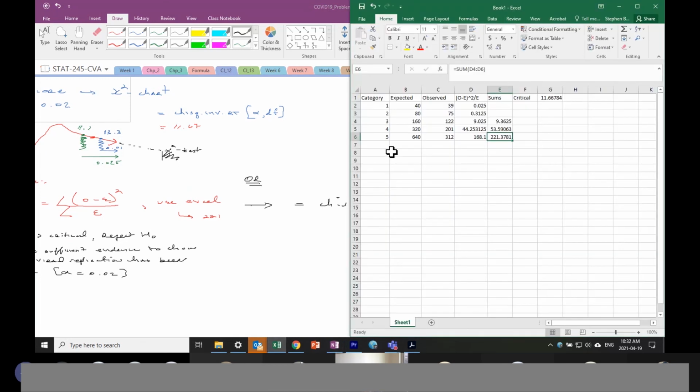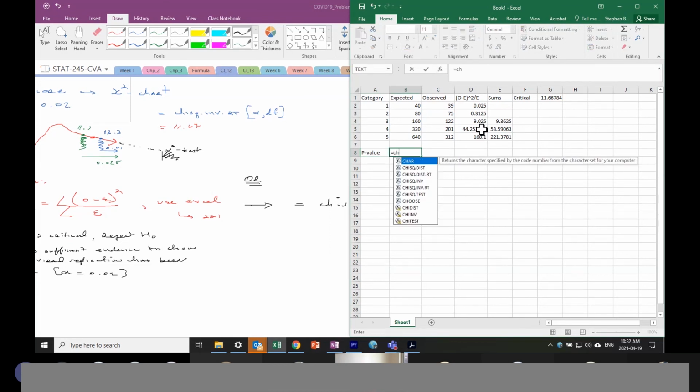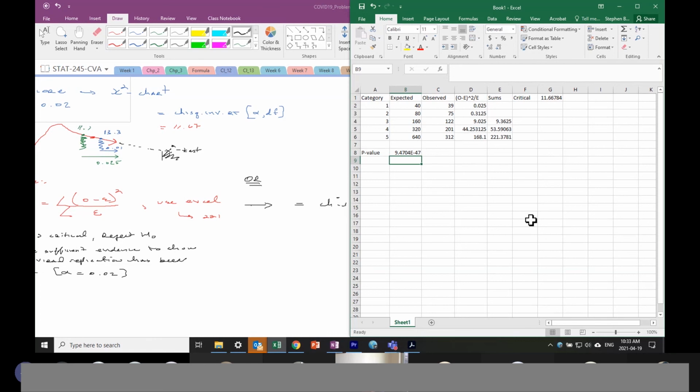So if you want to figure out the p-value, you would say equals chi distribution right tail, 221.37 or whatever I have here, 3781, and then degrees of freedom, 4. Wow. What did I do there? 221. I guess it makes sense.